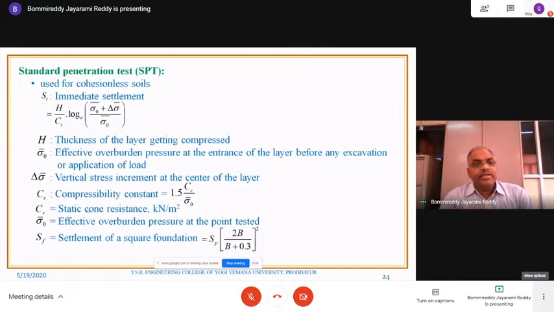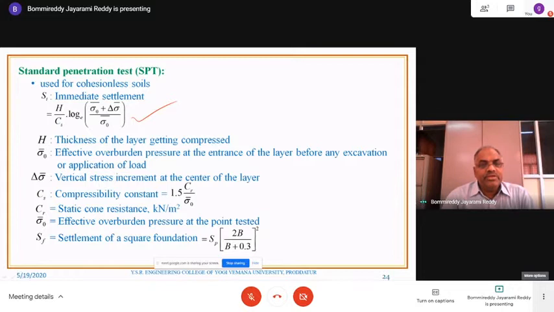In the standard penetration test, the immediate settlement SI equals H by CS into log of (sigma naught bar plus delta sigma) by sigma naught bar.